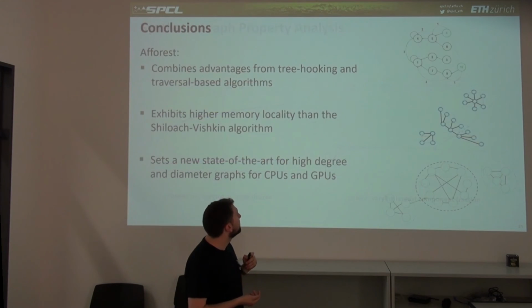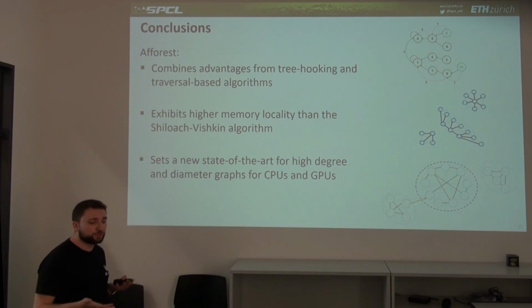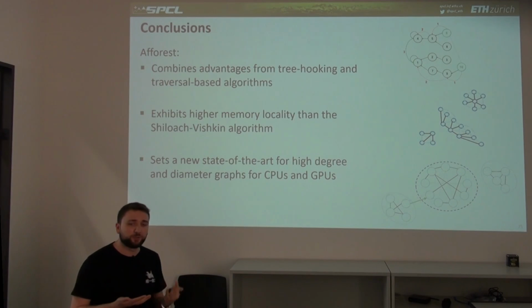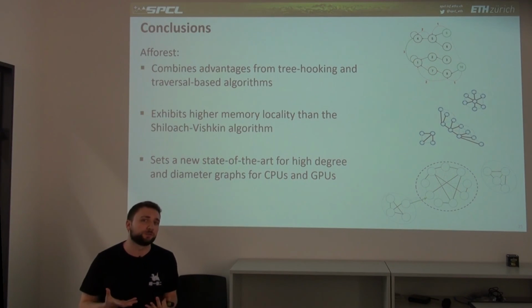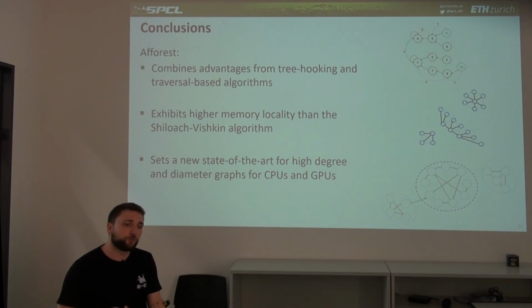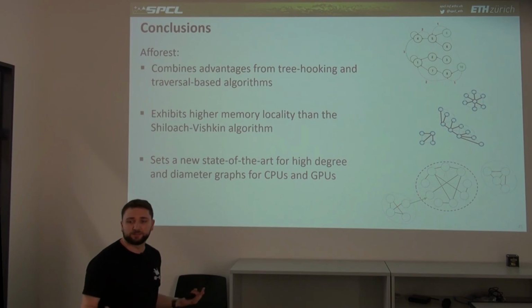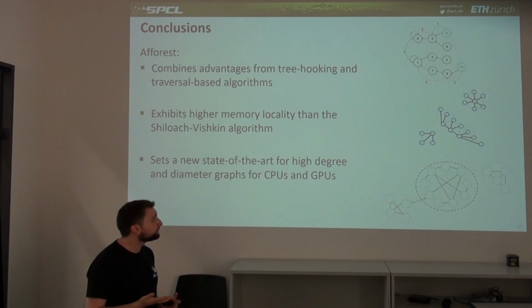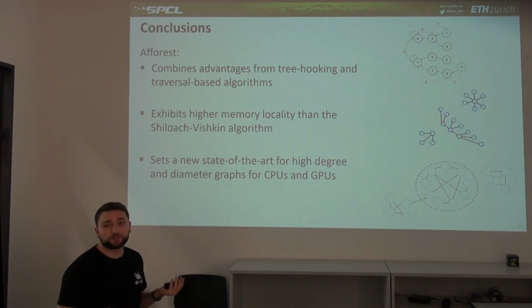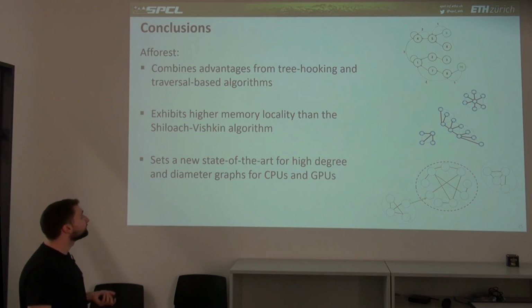And in conclusion, we have Afforest, which is essentially an algorithm that is a best of both worlds, because it can benefit from the Shiloach-Vishkin approach, which is unaffected by the diameter of the graph and introduces a high average parallelism. But also, we can, for instance, skip edges, which is something that traversal-based algorithms can do.